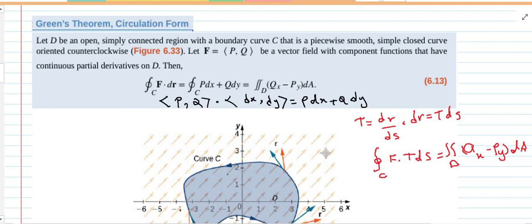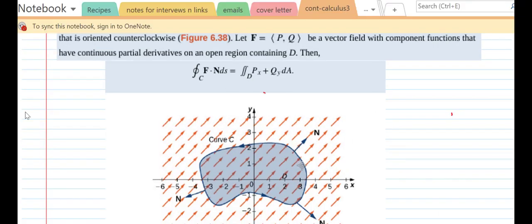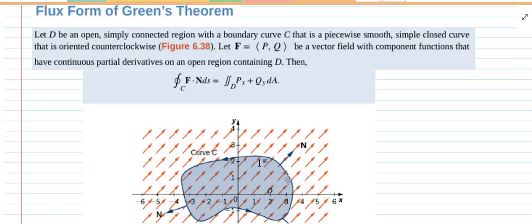Now I want to present another form, which is the flux form of Green's Theorem. In order to understand where this integral comes from, we have to look at this figure. The meaning of flux is measuring how much the field passes through a given surface.